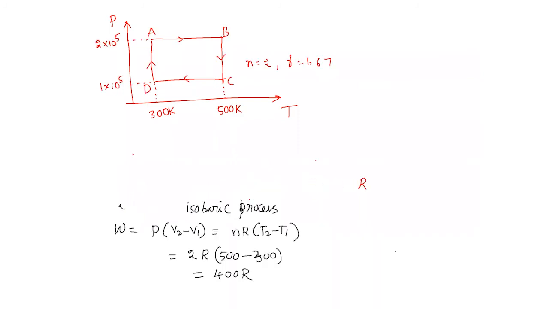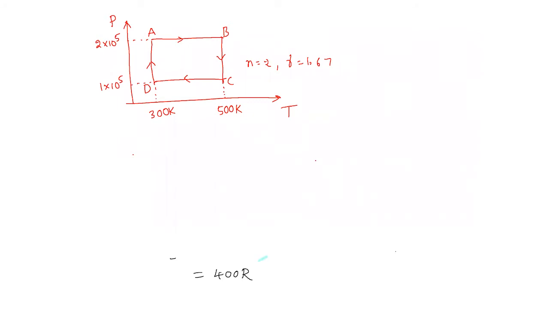Okay. So someone is asking me, in which process do you calculate area? No, in no process do you calculate area because it is a PT diagram, PT curve. In a PT curve and VT curve, you don't calculate area for work done.